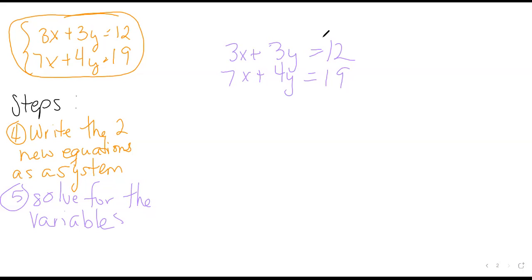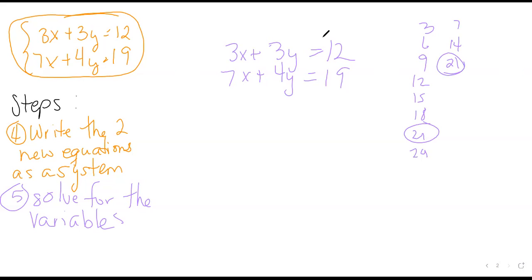If I list the multiples of 3: 3, 6, 9, 12, 15, 18, 21, 24. 7 is 7, 14, 21. 21 is the first thing that they have in common, right? So I have to get 21.